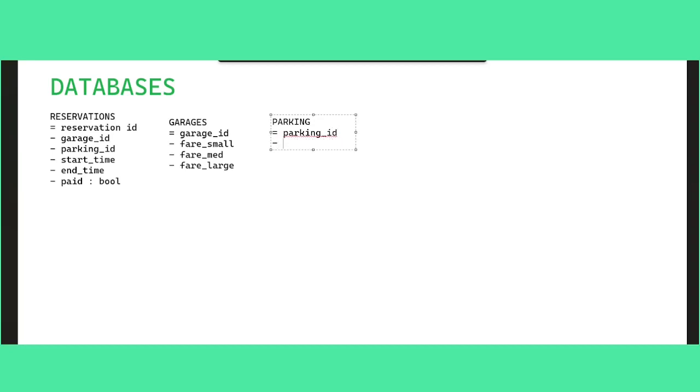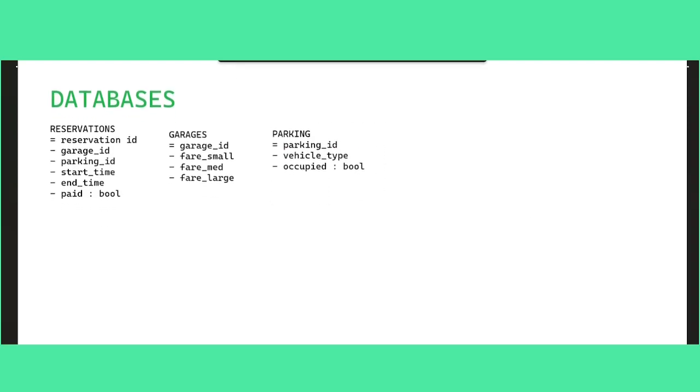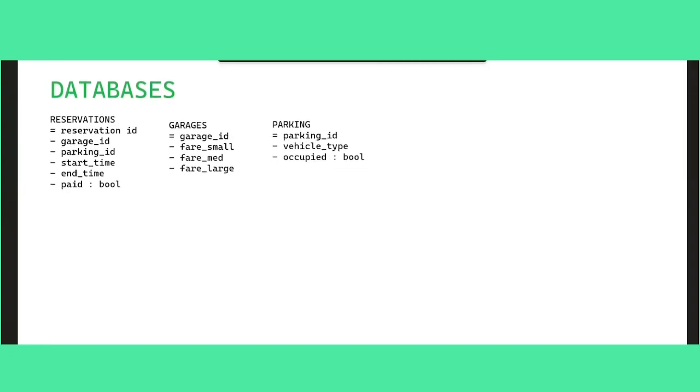Then what kind of vehicle type it can take? Is it medium, small, or large? And status, whether it's occupied or not. So this will be a Boolean value, whether it's occupied or not. Yeah, this looks good, basically all these databases will go.